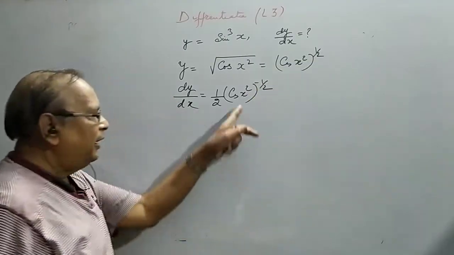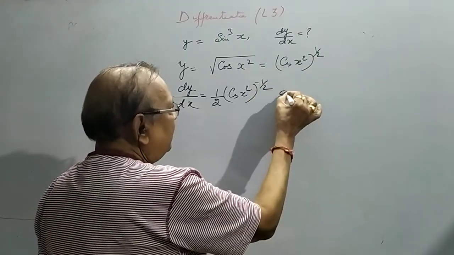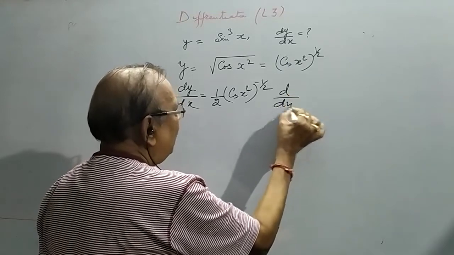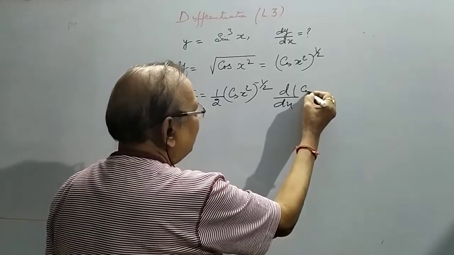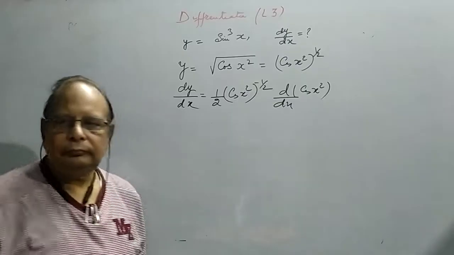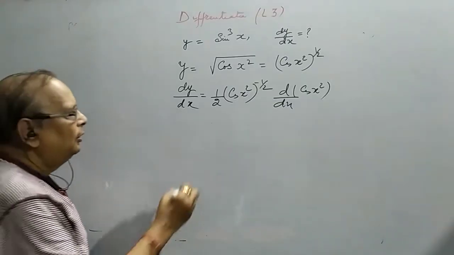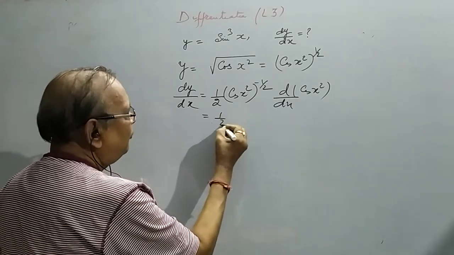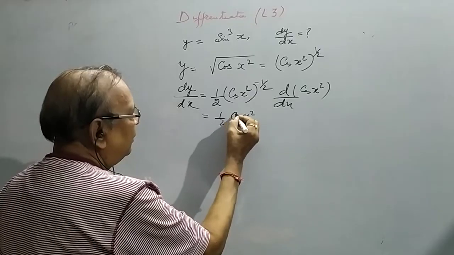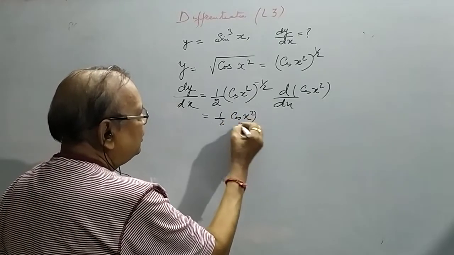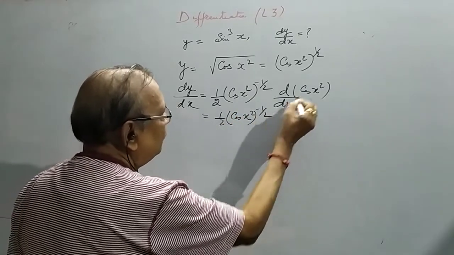And again we have to write d by dx of what is here in place of t, that is cos x square. Now that is equal to half cos x square raised to the power minus half.